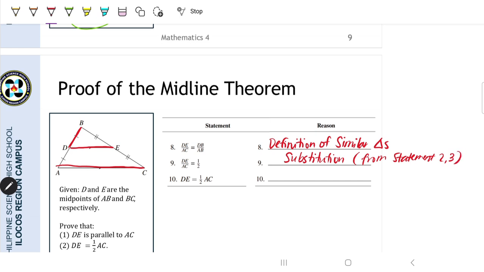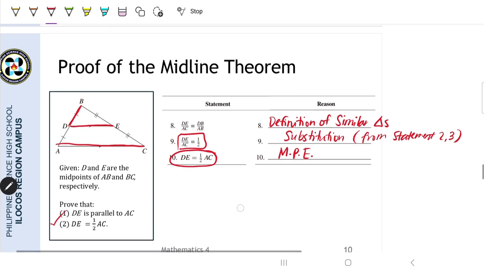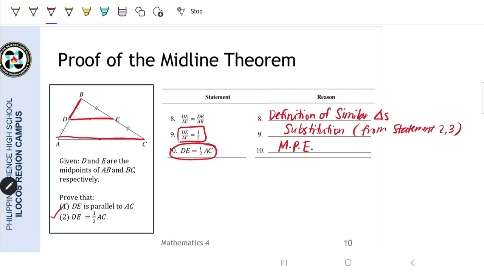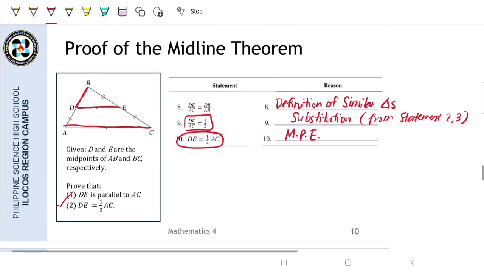Okay? And lastly, so manipulating this equation, so cross multiply, we get DE is equal to 1/2 of AC. So if we just manipulated our equation, so our reasoning should be the multiplication property of equality. So we have now proven the second statement, which is DE is 1/2 of AC. So this is the end of our topic for the midline theorem.